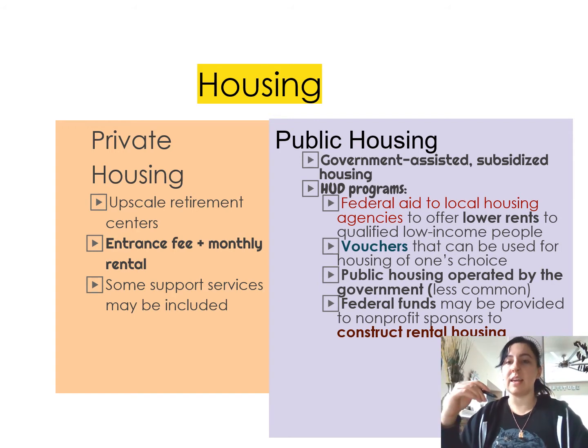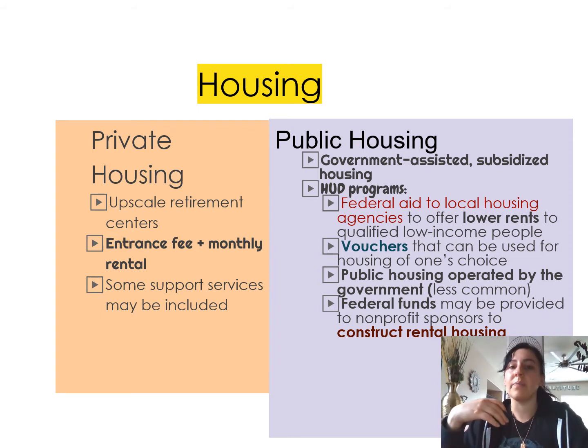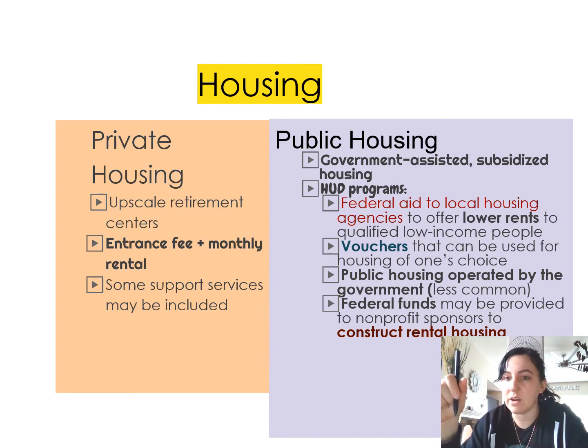So public housing is going to be government assisted and government subsidized housing. We got a couple different ways that this can work. First, there's the HUD program, which is federal aid that's given to local housing agencies to offer lower rent to qualified low-income people. Then you got a voucher program.